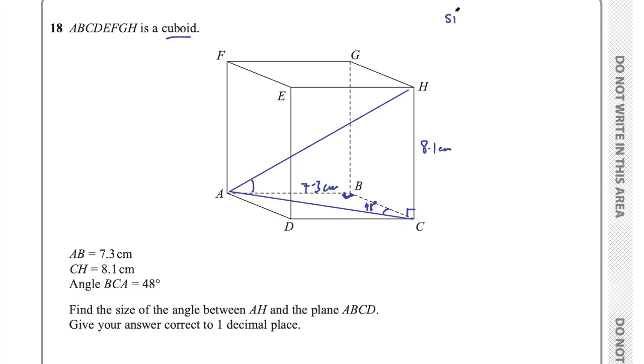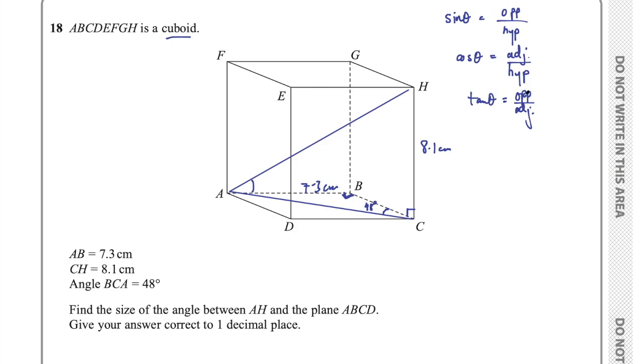Remember, sine of an angle is the opposite side over the hypotenuse, cosine is adjacent over the hypotenuse, and tan is the opposite over adjacent.